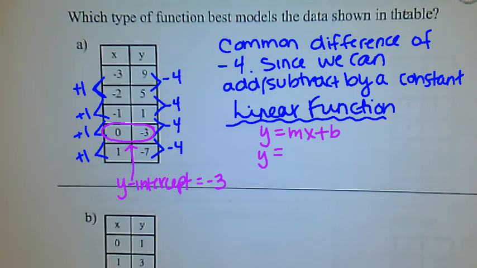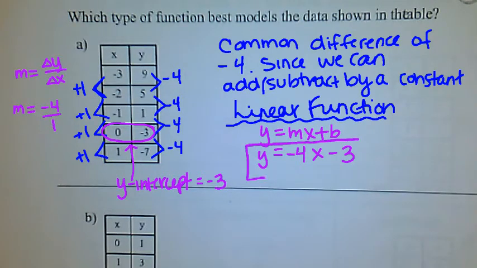So I'm going to say y equals, I'll leave a space for m, the slope, remember, and then -3. If you look over here, remember m is equal to the change in y over the change in x. So m must be -4/1 or just -4. So -4x minus 3, that is actually the equation. So we not only named the function, but we also gave the equation.